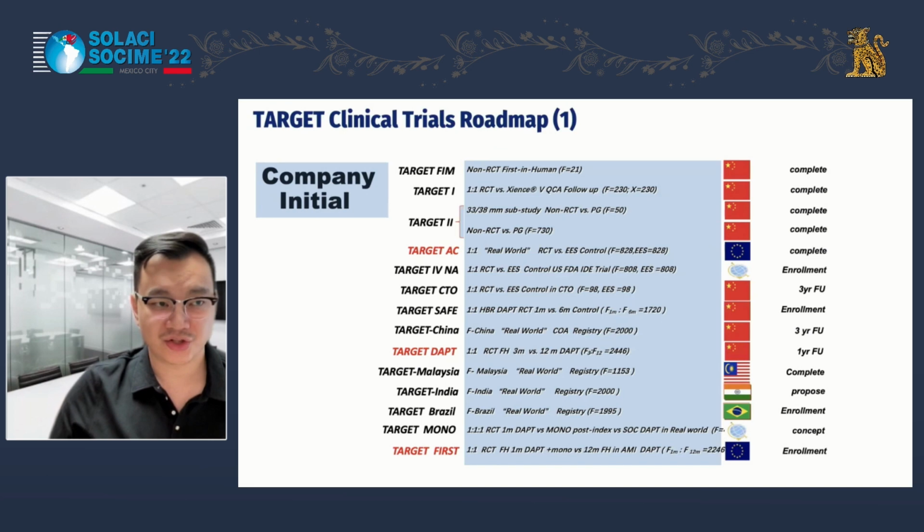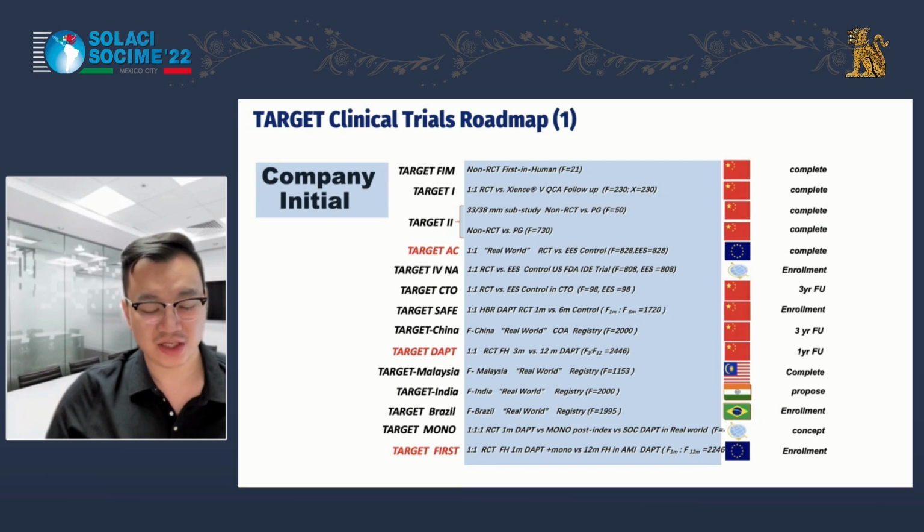The TARGET series has plenty of the company-initiated trials as well as investigator-sponsored trials. As you might be aware, the pivotal trials include TARGET AC and TARGET DAPT. The TARGET AC has been published. TARGET STEMI, TARGET DAPT and TARGET FIRST will compare 3 months DAPT versus 12 months, or 1 month versus 12 months.